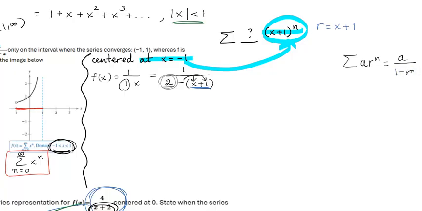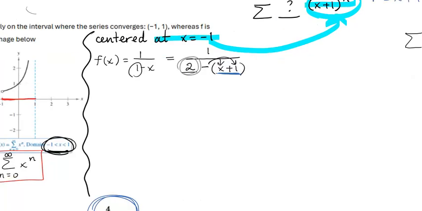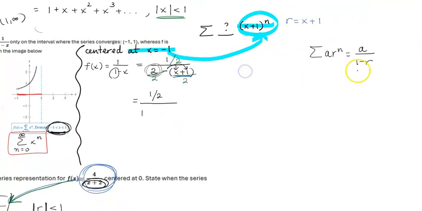So I'm going to have to come in and divide everything by 2. And you'll see us do this technique a lot, working with these power series, coming in and dividing everything by 2. Now f of x is equal to 1/2 times 1, so I have the 1 that I need for the form of my geometric series, minus x plus 1 all divided by 2.